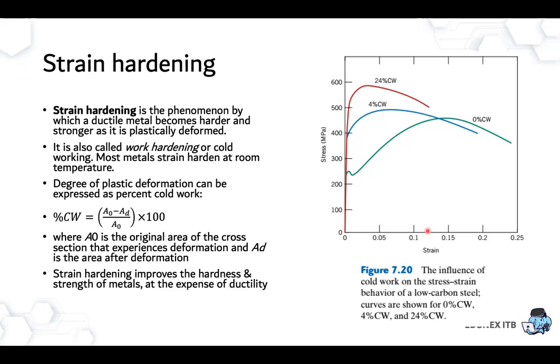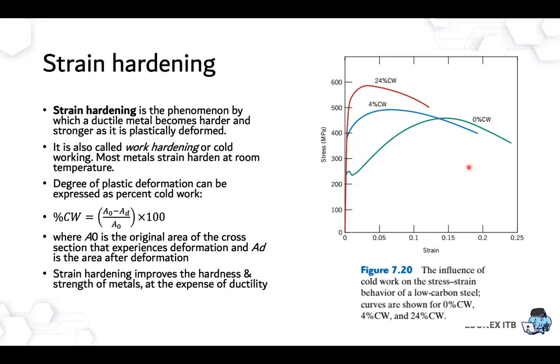So if you look at the area under the curve, the toughness also decreases. All right, so that is one example. I think I'll continue again tomorrow more about this one.